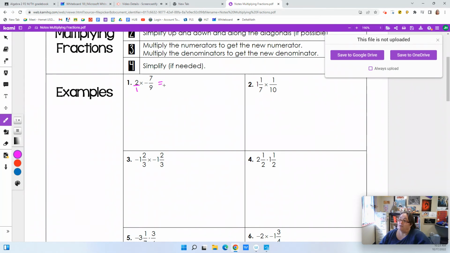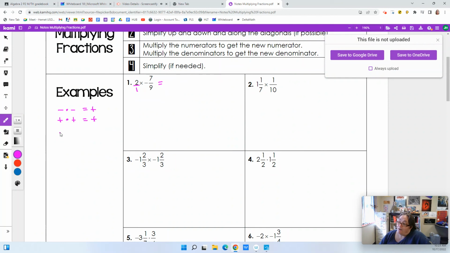What do we know? If we have negative times a negative, we get a positive, right? We know if we have a positive times a positive, we get a positive, right? I'll see some heads, yes and no, if you know that.